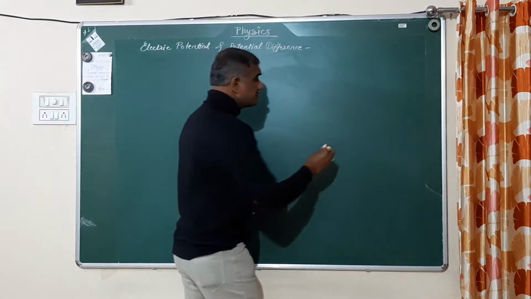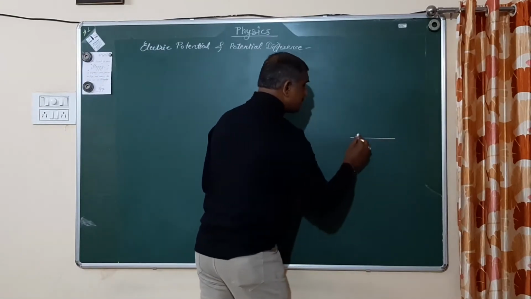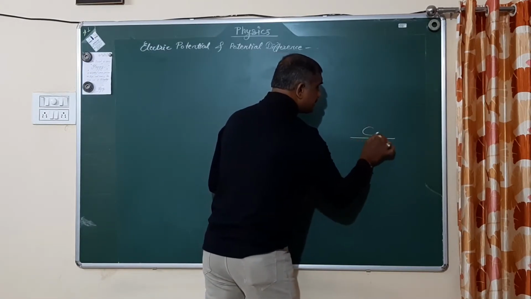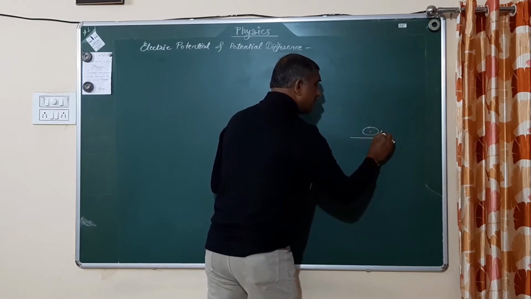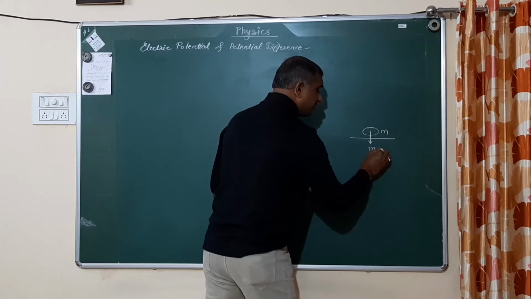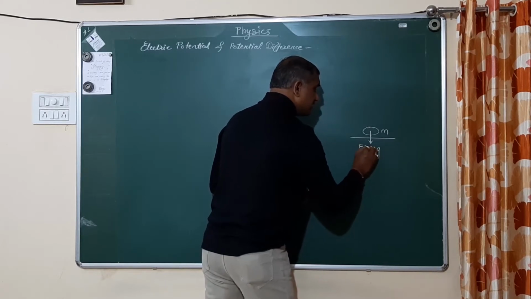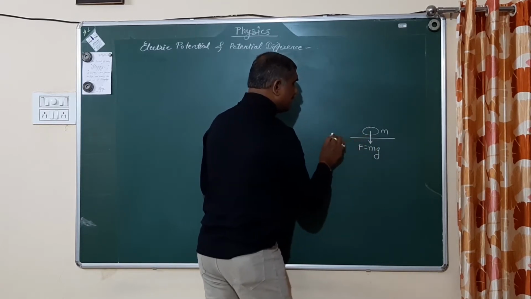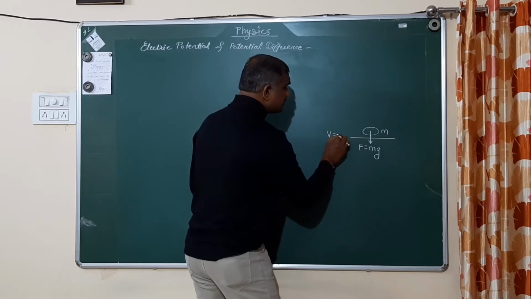Look at this. Suppose this is the ground surface on which there is a duster, and its mass is equal to m, and therefore the force acting in the downward direction is equal to m into g. The potential at this point is equal to 0.